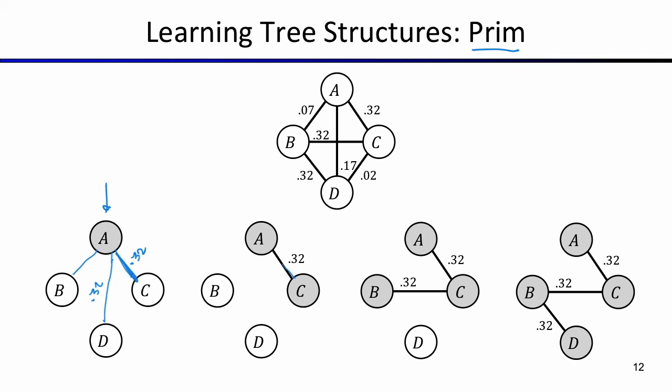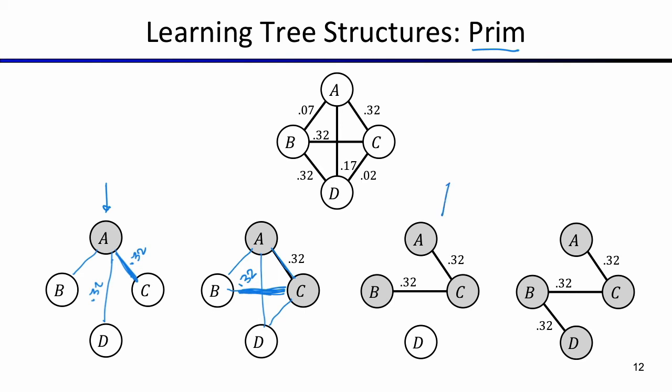So we have this first connection here. Now I look at the connections between A and C and the remaining nodes. We have this guy here, this guy here, this guy, and as well this guy here. Between all these possibilities, the one that has the highest weight is this guy here with 0.32. So I'm going to connect the gray side with the white side using this edge.